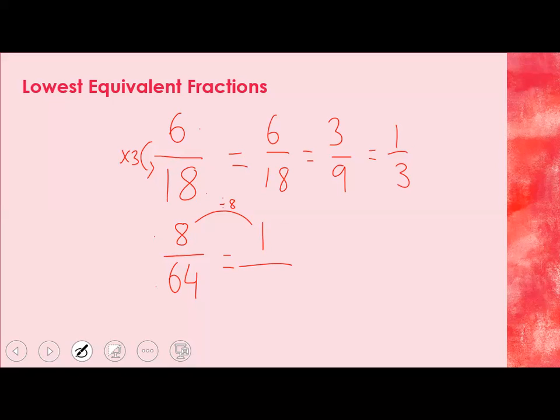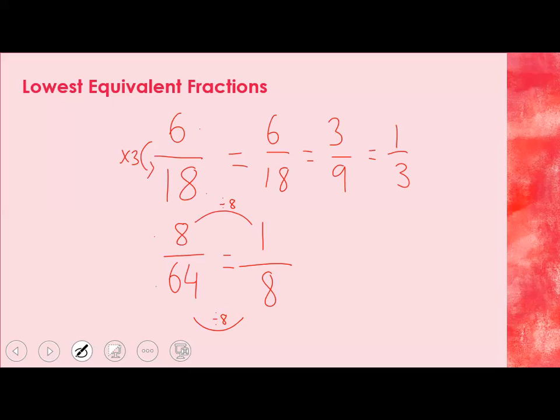And 64 divided by 8 is 8. So 8/64 is equivalent to 1/8. So these types of questions are really simple because the denominator is in the times tables of the numerator, and that makes it really straightforward to us.